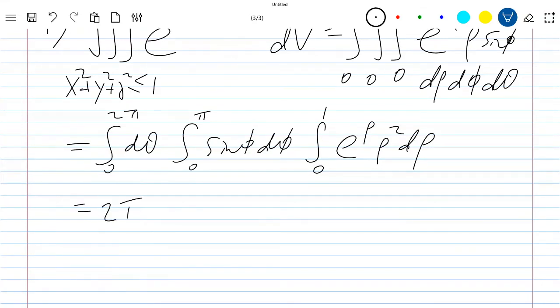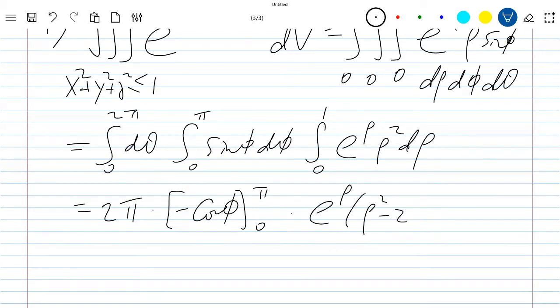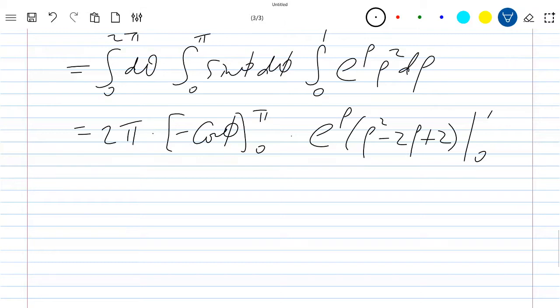This is just 2 pi. And this one will give you negative cosine phi from 0 to pi. And this one you have to do integration by parts. I leave this to yourself, and I will just tell you the result. It will be this. Alright, then plugging in the limits, you have 2 pi times, this is 1 minus negative 1, so it's 2.